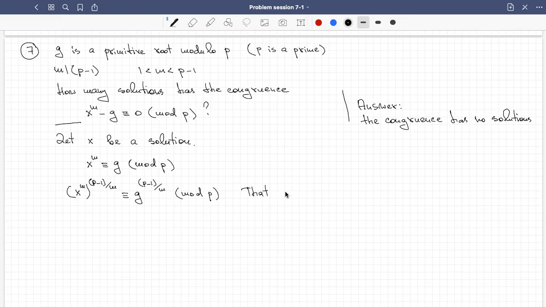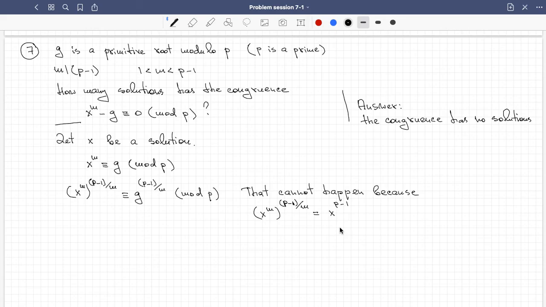That cannot happen because x to the m raised to the power p minus 1 divided by m is equal to x to the power p minus 1.